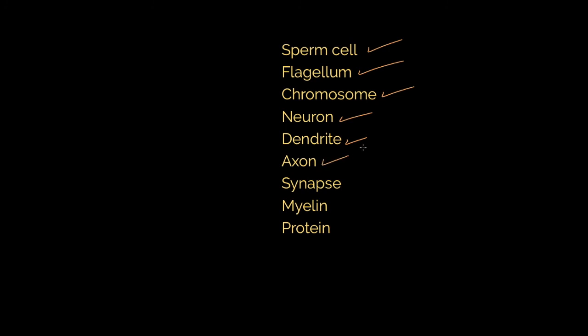We've looked at the wire-like axon of that nerve cell, the synapse, which is the junction between one nerve cell and another. We've looked at myelin, which is the insulating structure around the axon that increases the speed of nerve transmission. And we've looked at proteins, particularly those within the muscle cell, which help to cause contraction and allow for relaxation.